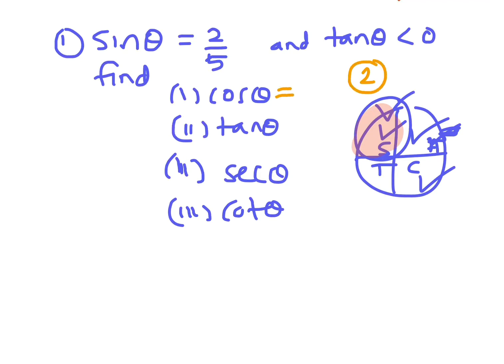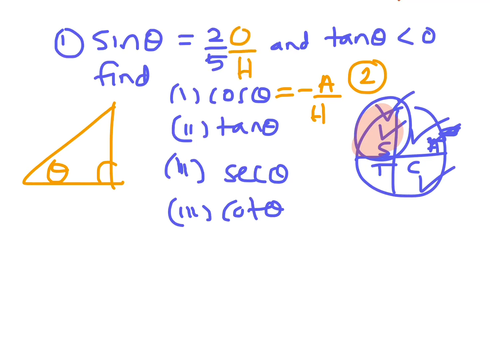Okay, so cos in quadrant 2 is negative. You've got to look up the triangle to get the actual fraction. We know it is adjacent on hypotenuse. So if this is theta, this sine is opposite on hypotenuse. So that would be 2/5.